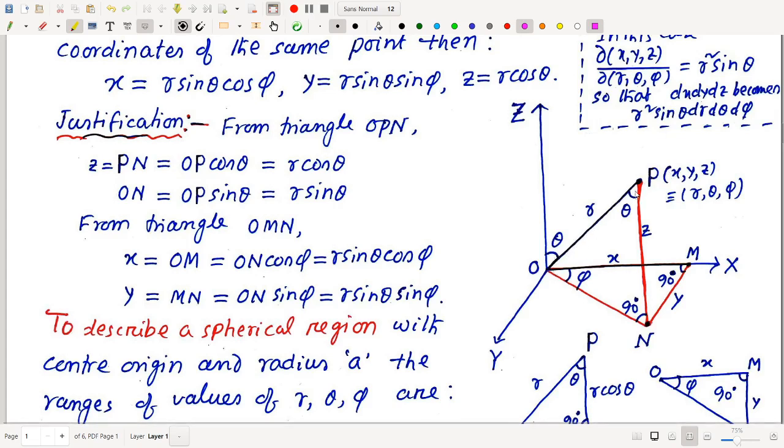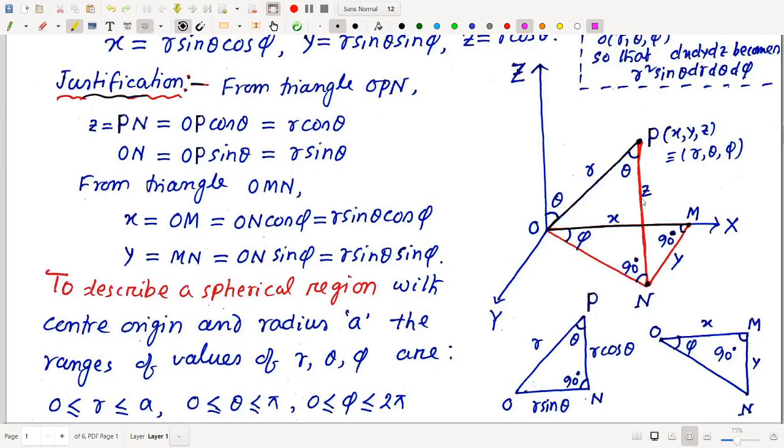OP is equal to r, measured as positive, and OP makes an angle theta with the positive direction of the z axis. The plane OPN makes an angle phi with the zx plane. So this r, theta, phi locates the point P. If we know r, theta, phi, we can locate the point P. So r, theta, phi are called the spherical polar coordinates of the point P.